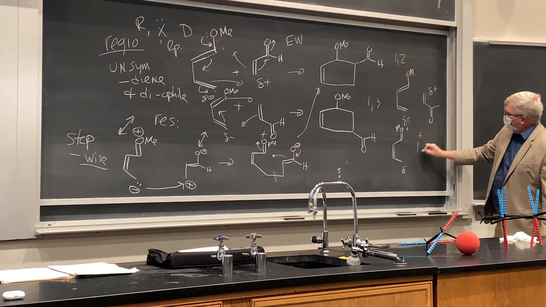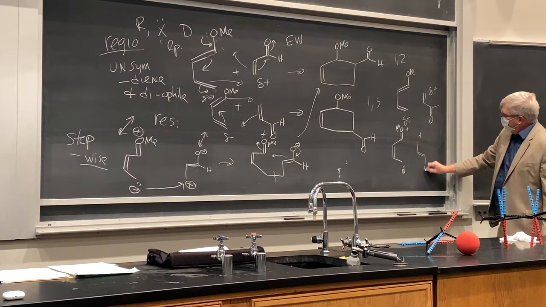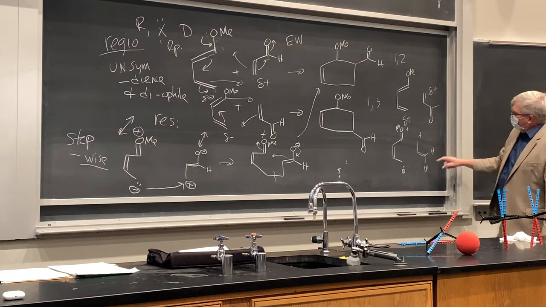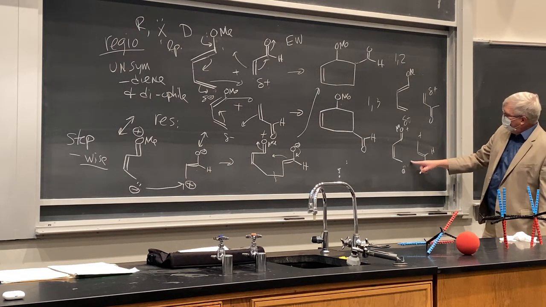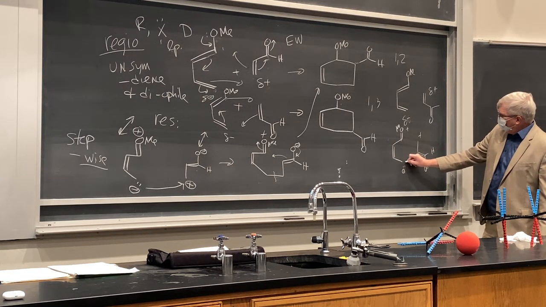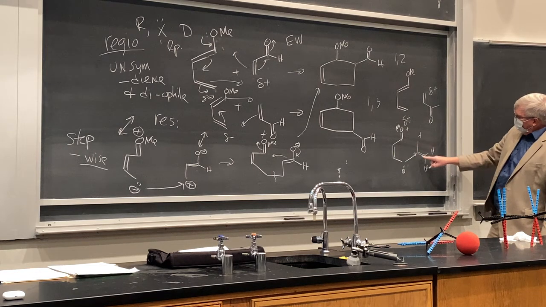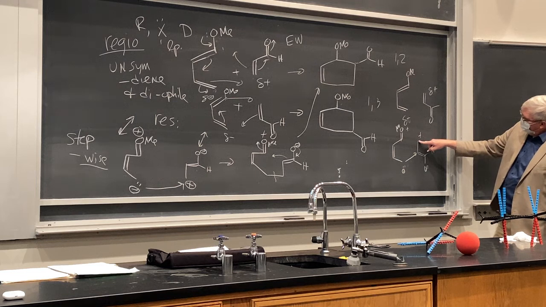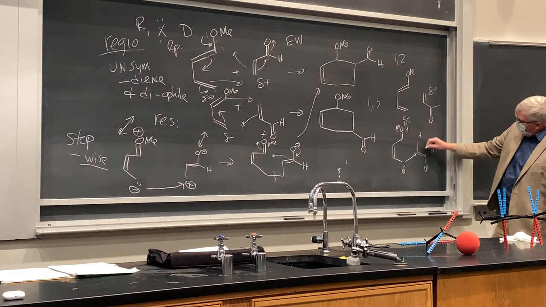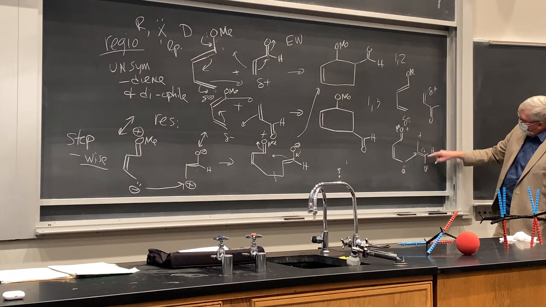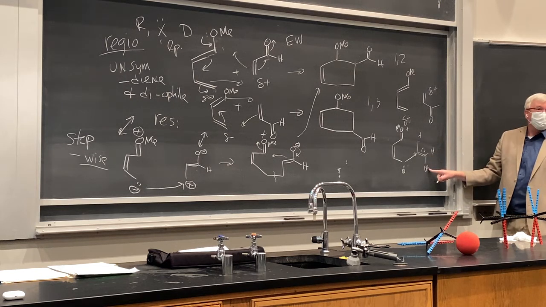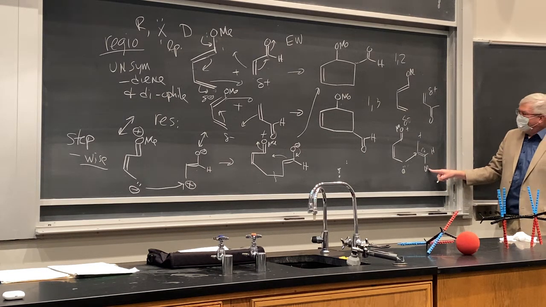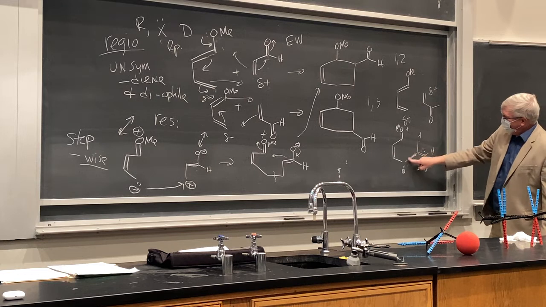And here would be what? Positive. And putting them together 1,3 like this, let's see. We don't really have this here. Our plus charge is out here, you see. If we push that in there, we'd have a negative charge next to a negative charge. Okay, so that's not going to work.